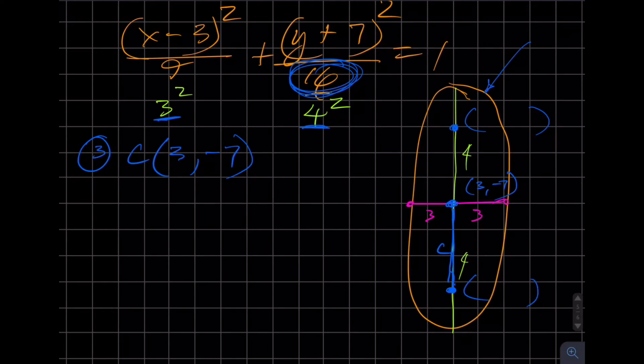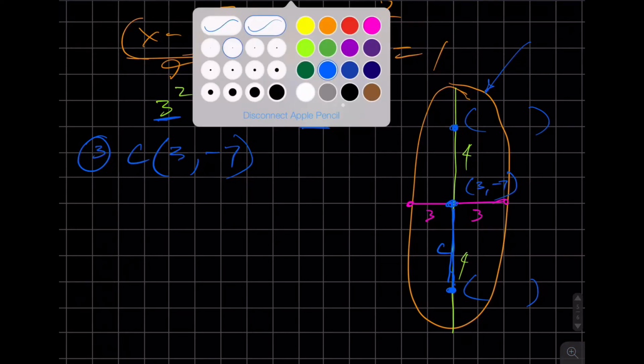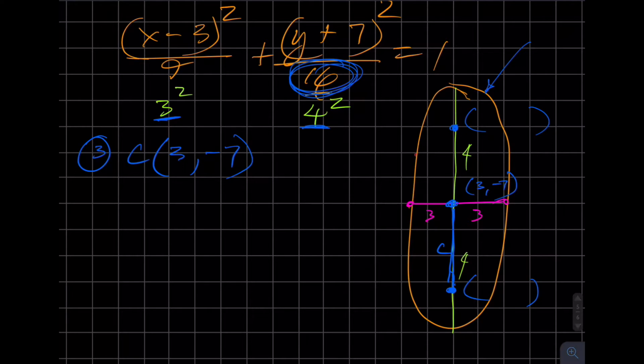Now, there's a relationship that exists that I did not draw or go over. It has to do with these two values, this d1 and this d2. It turns out that d1 plus d2 is going to equal 2 times half the length of the major axis, or said in a cleaner way, d1 plus d2 is equal to the length of the major axis.